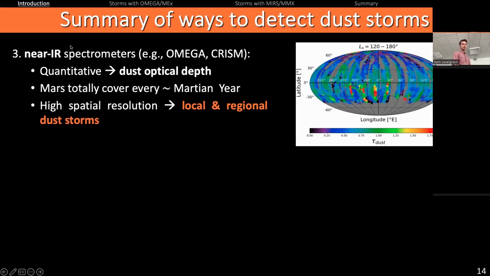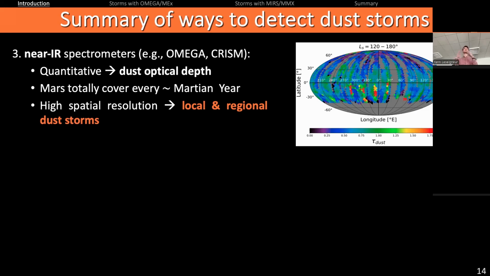And as we will see in the following slides, we can have some quantitative study by computing the dust optical depth, so again, the amount of dust in the atmosphere, but we do not have really good coverage of Mars.